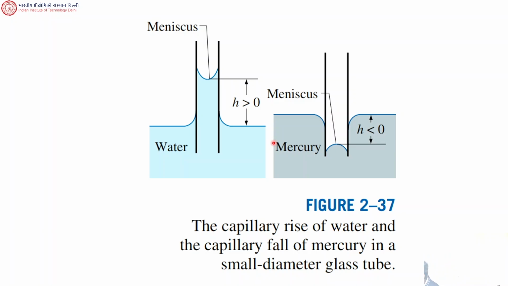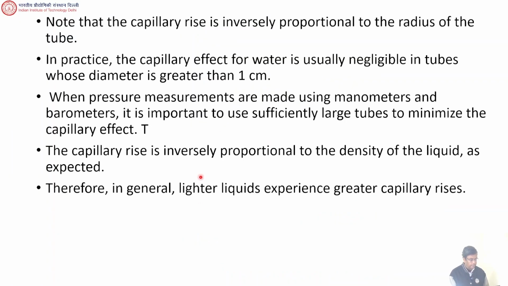Capillary rise in the left figure for water is again taken from Cengel's book, and for mercury, there is a capillary drop. Okay. And capillary rise is inversely proportional to the radius of the tube, and capillary effect for water is usually negligible for tubes where the diameter is more than 1 centimeter.